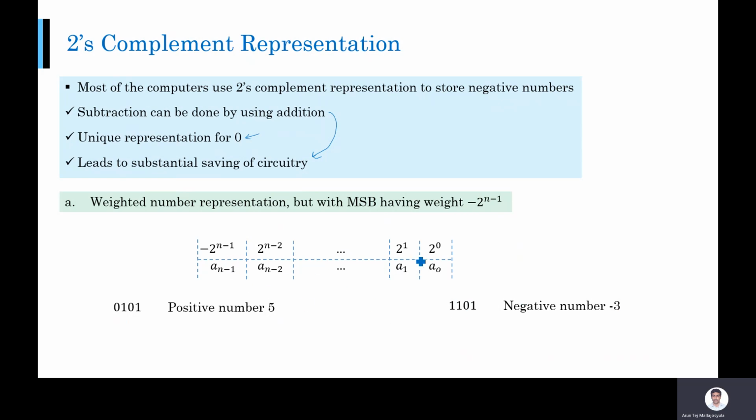So directly, how do you get this? If you look at the weighted number system like this, what are my weights? 2 power 0, 2 power 1, and so on, up to the n minus 1 bit. Okay, 0 to n minus 1 bit. The weights are increasing like this. For the MSB, the weight is minus 2 to the power of n minus 1. Okay, so that is what you have to remember. So this is the nth bit.